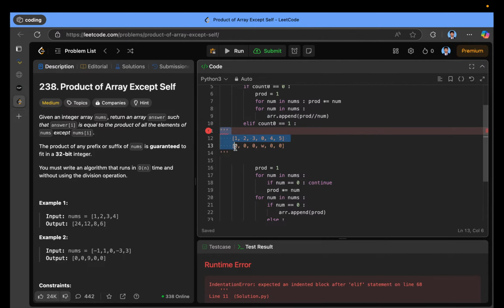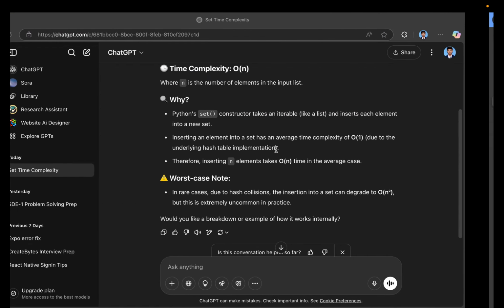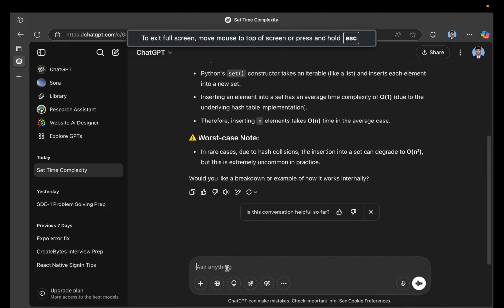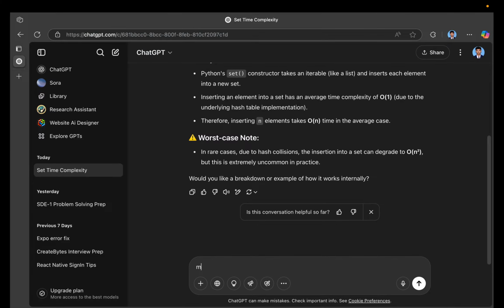Okay. I think these are not considered as comments. Let's check with our helper, our assistant: multi-line comment in Python.